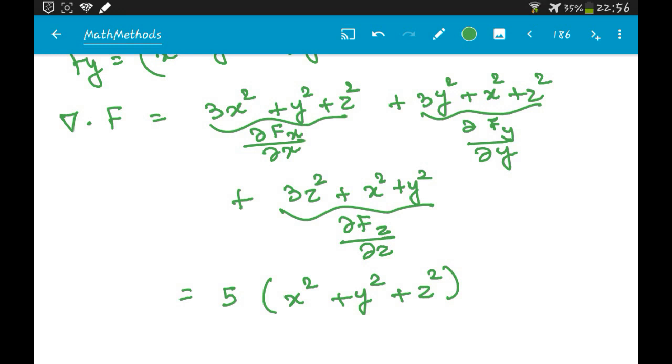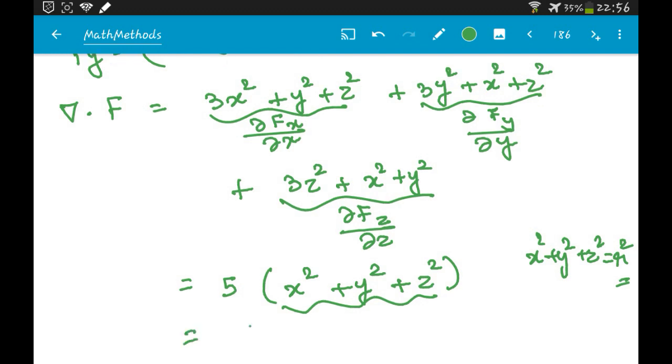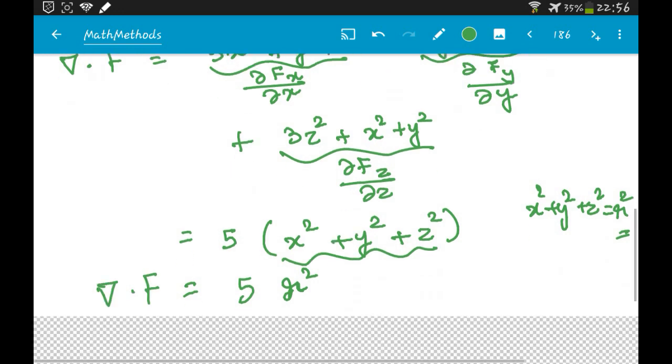Since this is a spherical object, we already know the equation of the sphere, and x square plus y square plus z square is nothing but your radius square, r square. So we have 5r square. This is your del dot F.